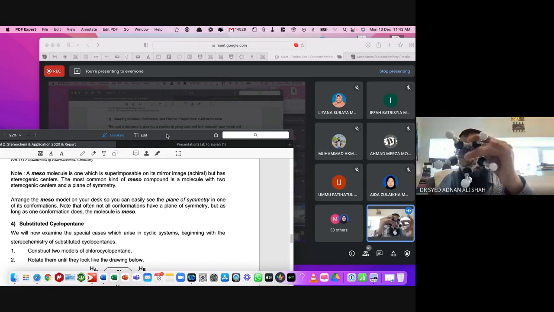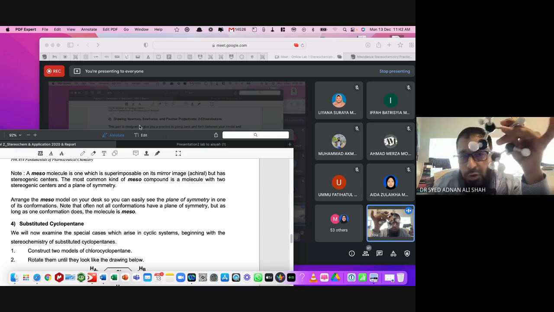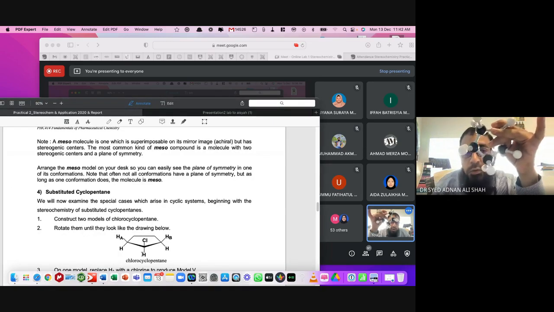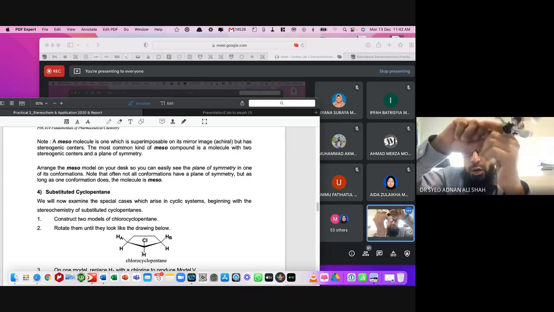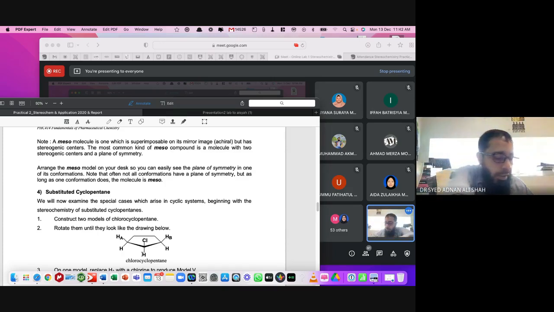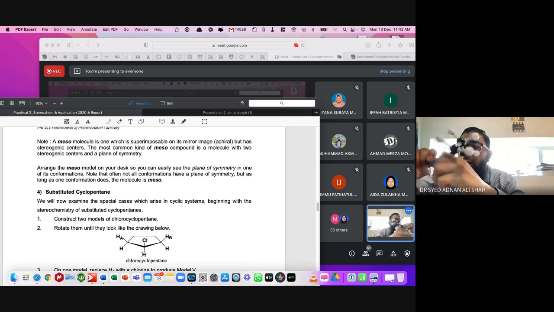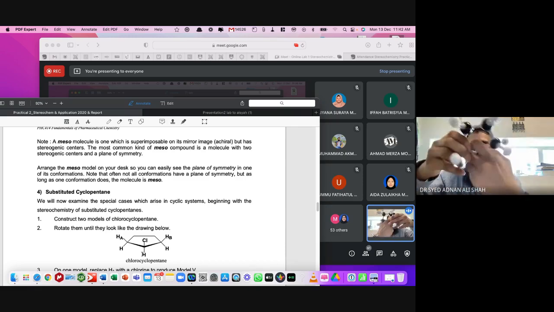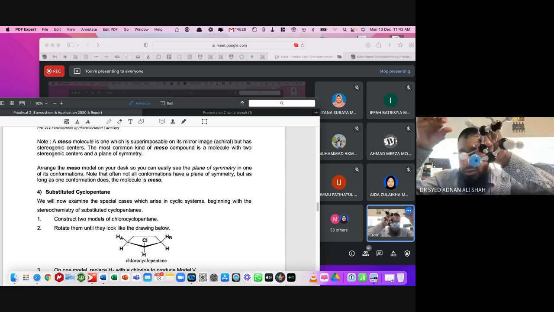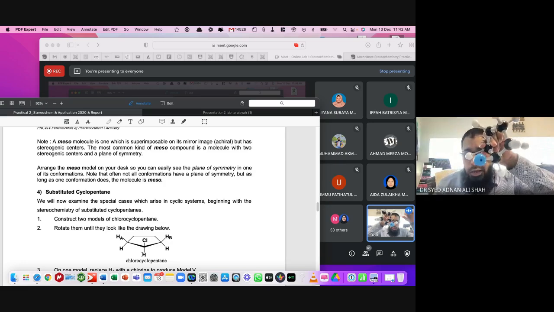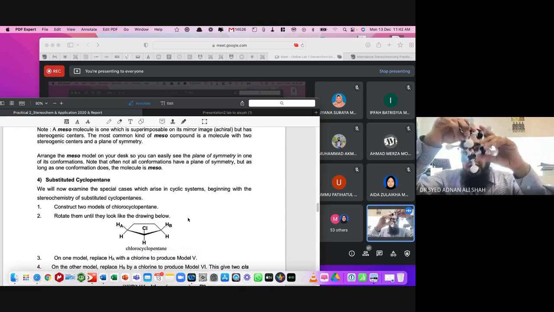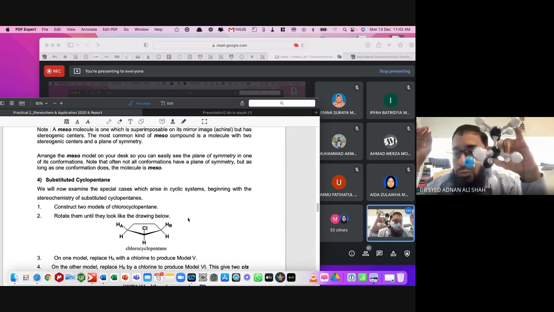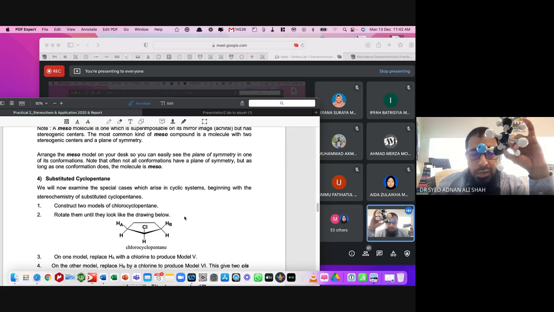I just replace one hydrogen with the chloride, like this. So this is the chlorocyclopentane, right? This is how you have to make the chlorocyclopentane.